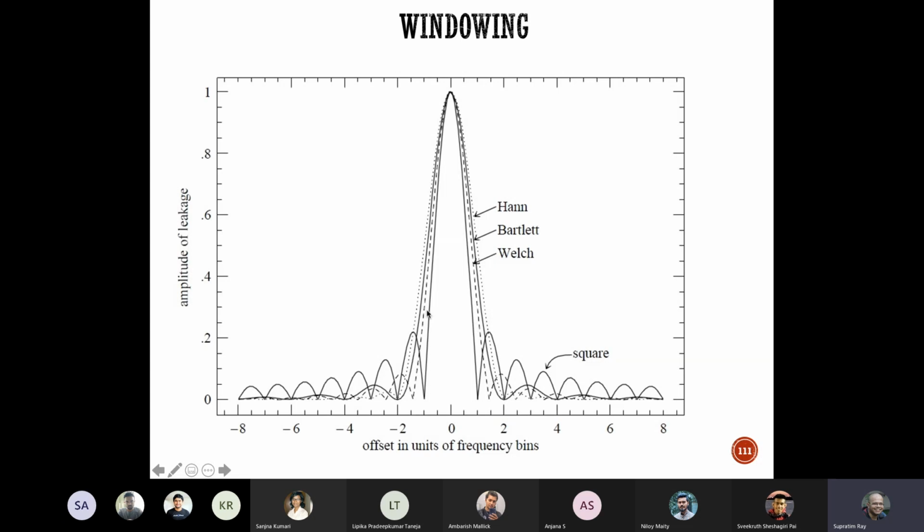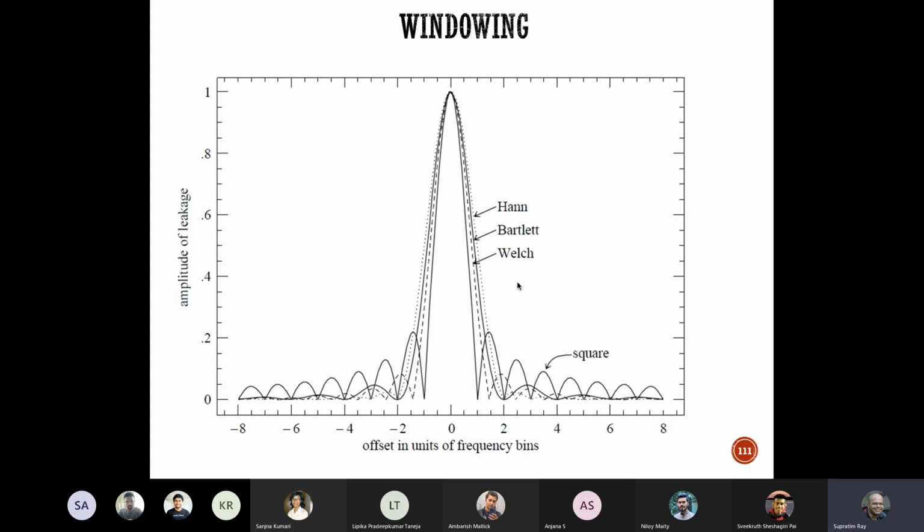Okay, and I'm going to say that I'm going to have a lobe which is, let's say, 3 times as big as the best I can do. So my time bandwidth product, the minimum value is 1. TW is equal to 1. But I'm going to say that, okay, I'm going to take TW equal to 3, which means I am sacrificing my frequency resolution by a factor of 3.